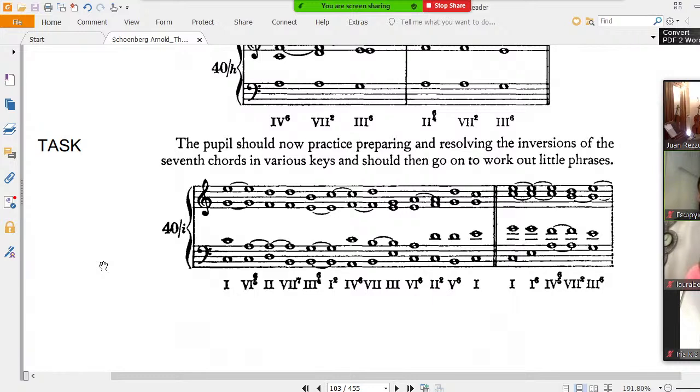Now, you have to be aware of close and open positions, the melody on the soprano mainly, and the melody on the bass, and the counterpoint in between them. In this case, you have the melody of the soprano with no leaping around.